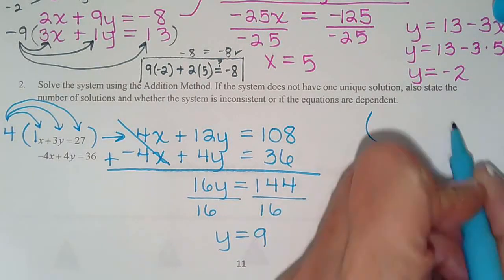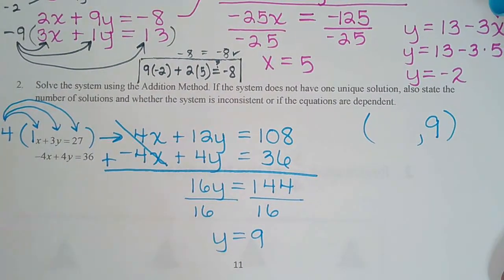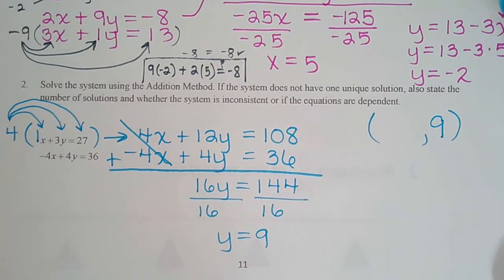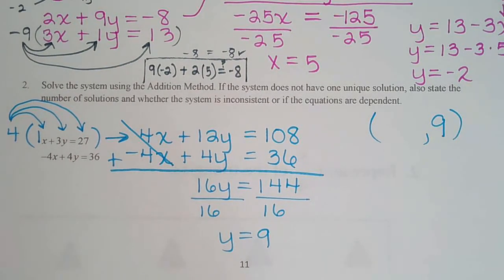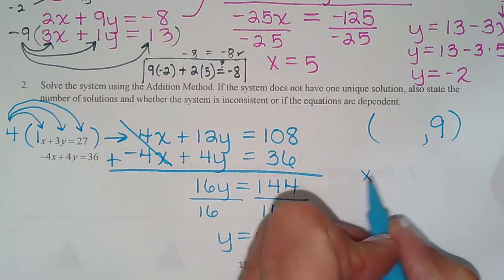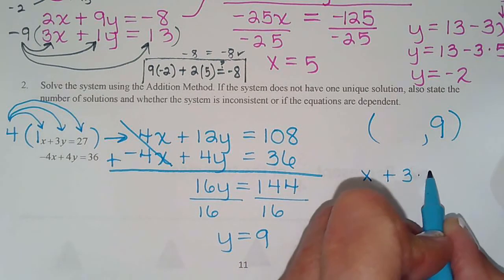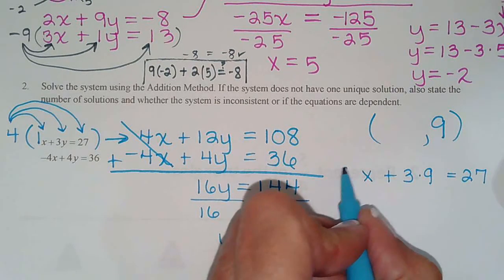So we can go up here and go, oh, okay, well, we know what y is. What I do, especially on a simple one like this, is I just check into both and make sure that I get the same answer for both. So let's do that. Y is 9. So this first one would be x plus 3 times 9 equals 27. So that's checking into the first.